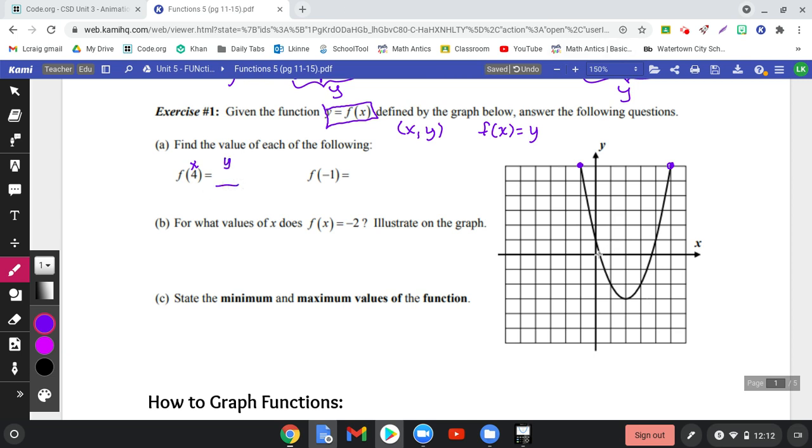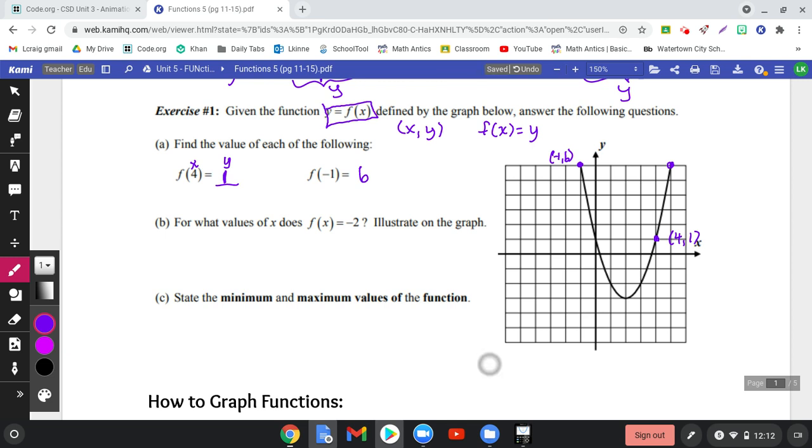So find the 4 on the x, 1, 2, 3, 4, and then follow it till you hit your graph. That's the point 4, 1. So f of 4 equals 1. For f of negative 1, find negative 1 and follow it up or down till you hit the graph. Right there, that's the point negative 1, 6. So f of negative 1 equals 6.